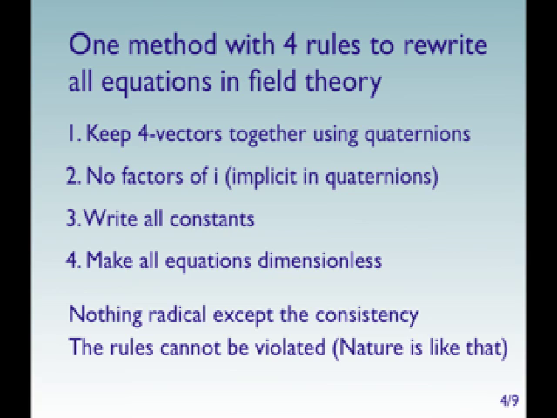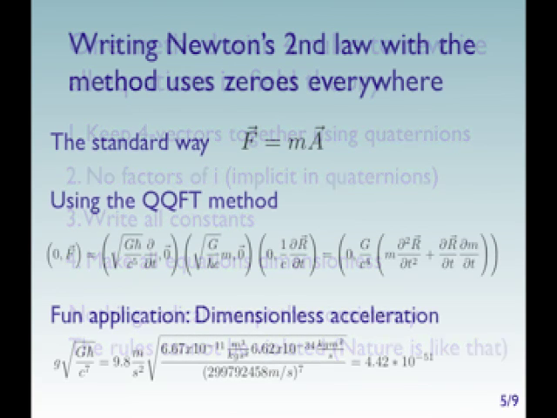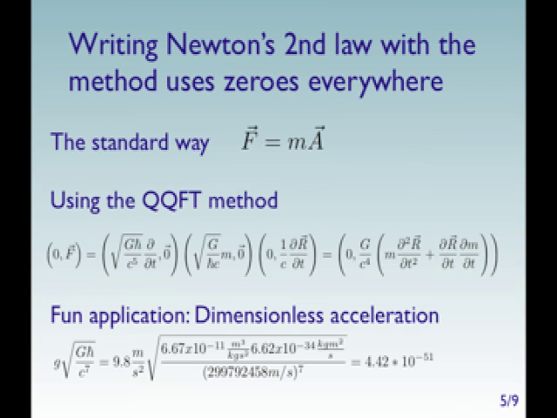So let's just apply all this by writing Newton's second law with the method, seeing that it actually uses zeros all over the place. So we have the standard way of writing it out, and that's just F equals ma. And then if we use this quaternion quantum field theory way, you would go, oh, please don't show that to the children.